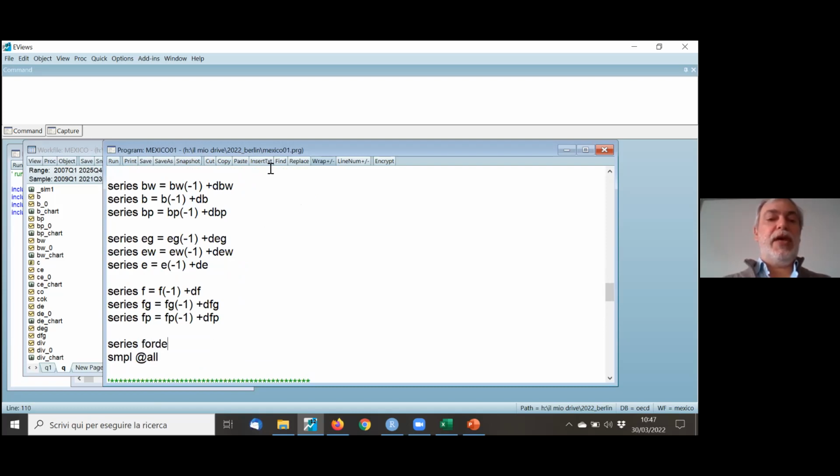So that foreign debt at historical prices increases with the flow, and the same for foreign assets. Sorry, here I want a -1.